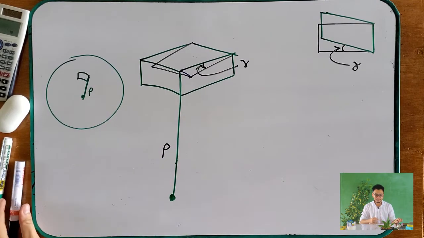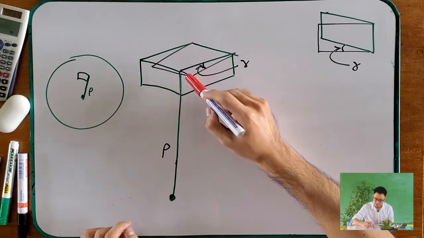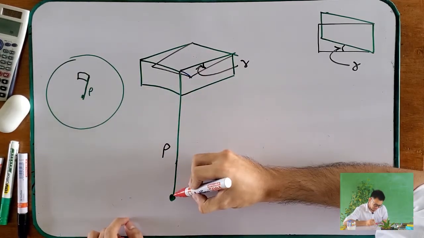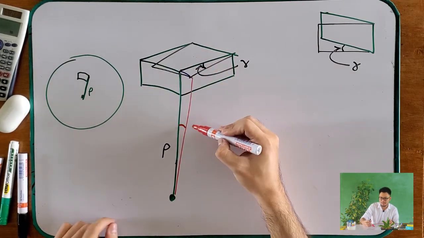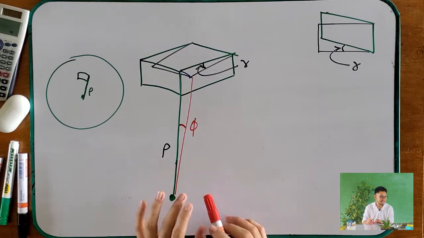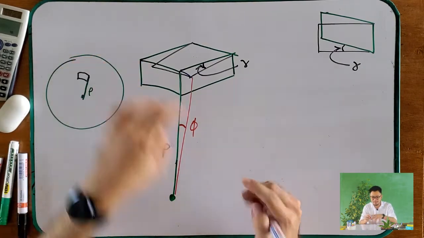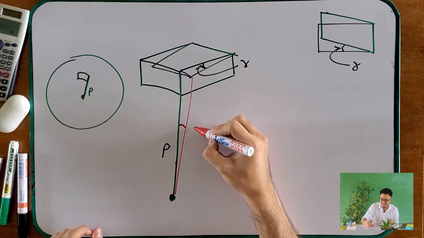Okay? And the change in angle from its initial position, which is this one, mao ni atong gitawag nga angle of twist. Okay? And since this one is from this element pa man, so dili ni phi lang, which this is d phi. Okay?